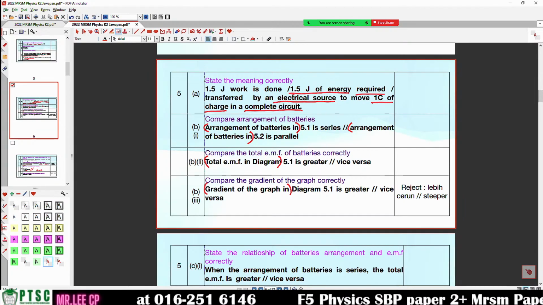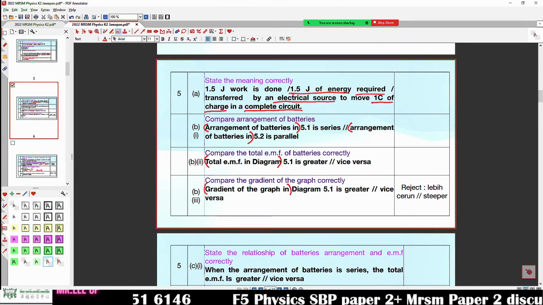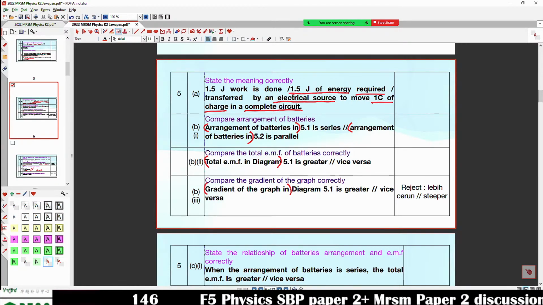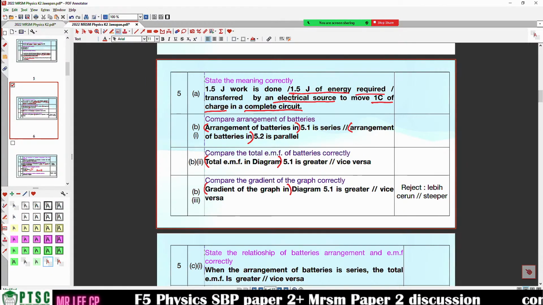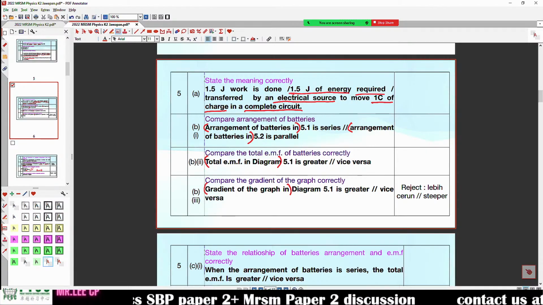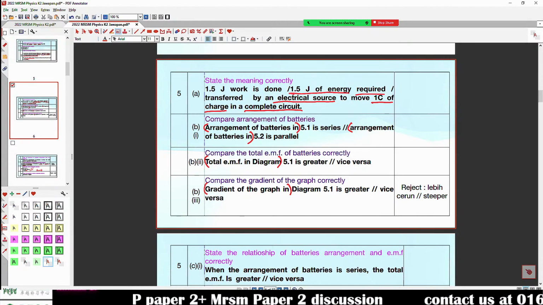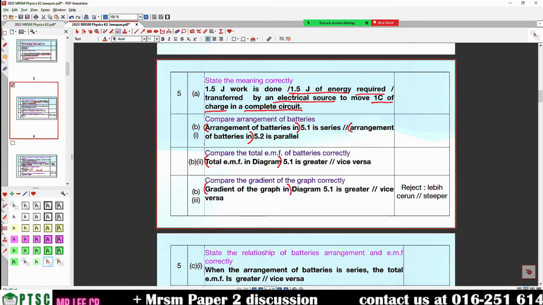Steeper is not allowed, lesser is not allowed. You have to say more. Steeper is actually also correct for being more slanted, but here it is rejected. For the graph you have to say greater. Just now I said if you don't know, then you said greater or lesser. You said greater.